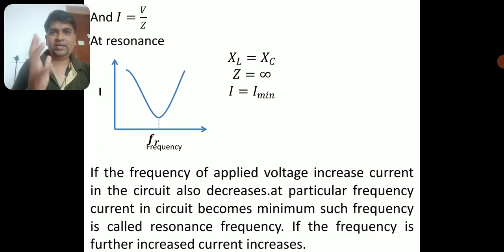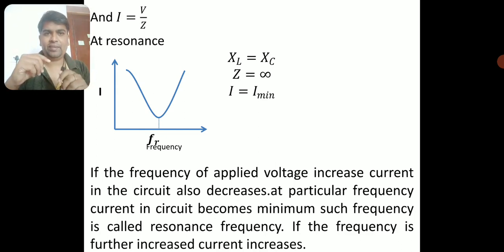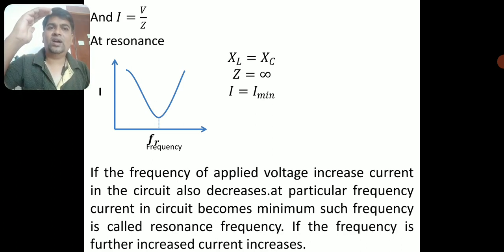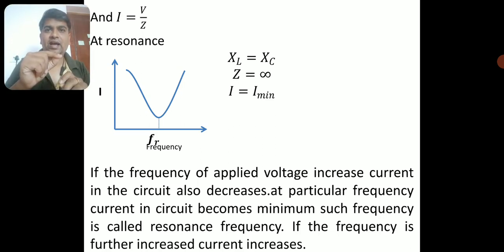Now look at the figure of current versus frequency. Suppose the frequency of the applied voltage increases, if you go on increasing the frequency using a function generator, like 100 Hz, 200 Hz, 300 Hz, 400 Hz, the current in the circuit will decrease as you increase the frequency of the applied voltage.